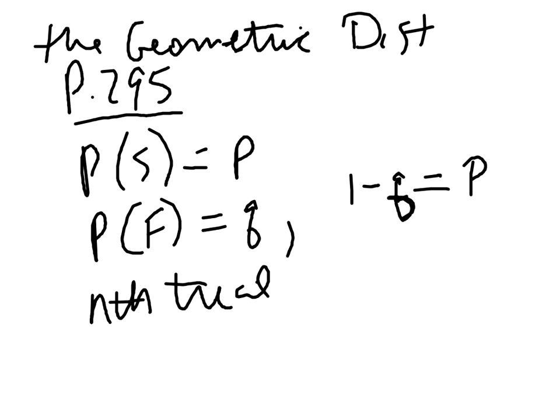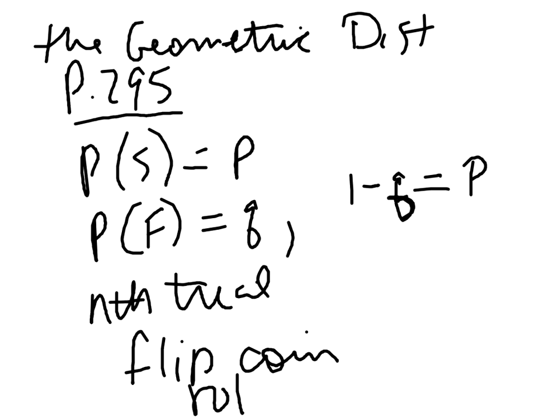I'm probably using way too much time to explain this, especially if you've read it already. But this is going to have something to do with a flip of a coin or a roll of a die. Those are the simplest two situations, where we flip a coin and want to know the probability of getting a head on the third toss, or we roll a die and want to know the probability of getting a 4 on the second toss.